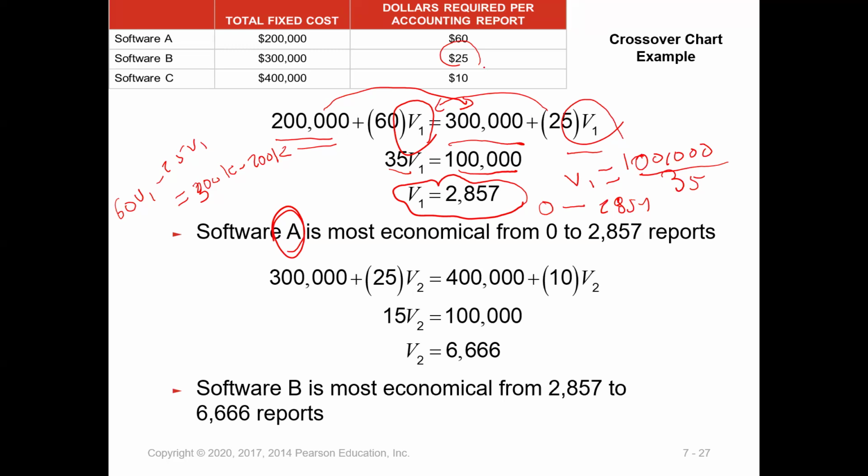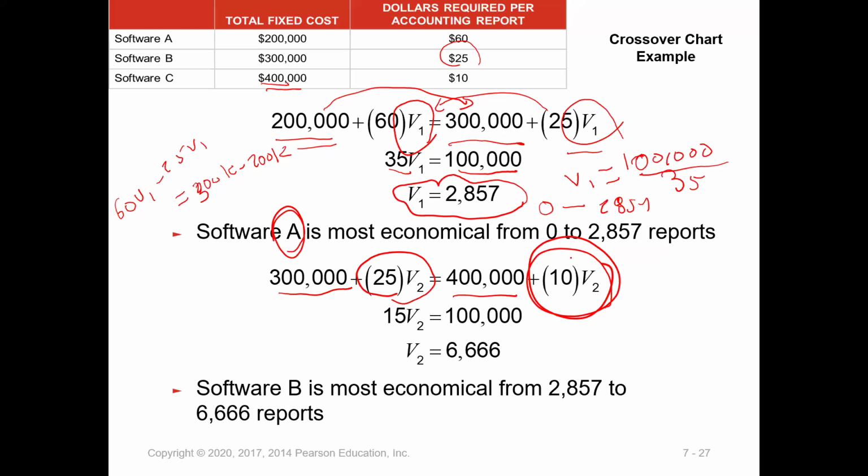Now let's see between B and C. What are our choices? We do the same thing. I take 300 plus 25 V2 is equal to 400 fixed cost plus 10 V2.